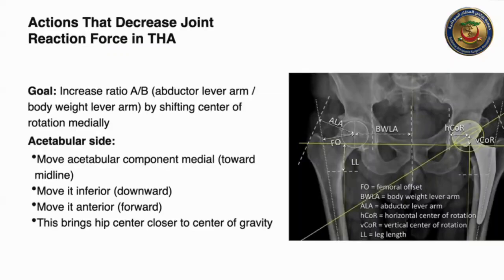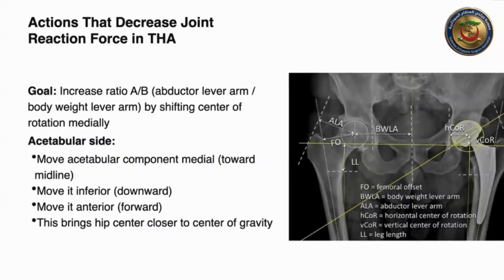Actually, every 1 millimeter of reaming or shifting to the medial side decreases joint reaction force by 10 times, and also makes it more inferior and more anterior to bring it closer to the center of gravity, which is in front of the S2. All this will reduce joint reaction force.